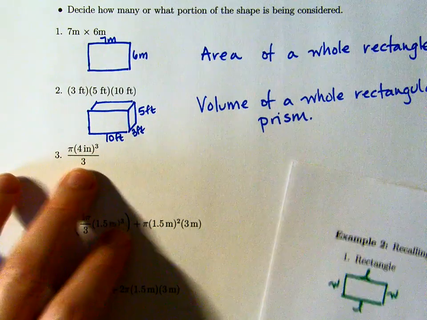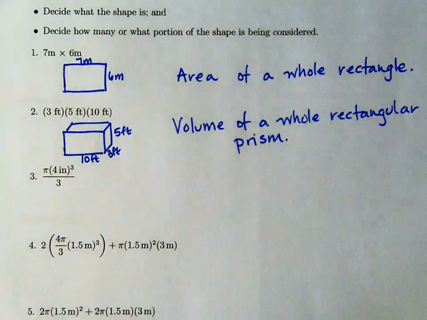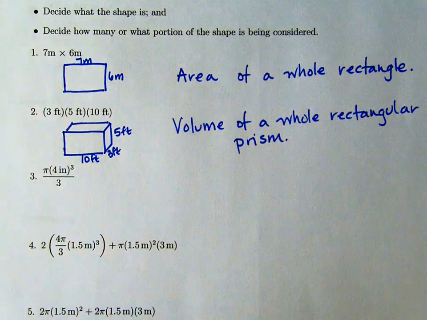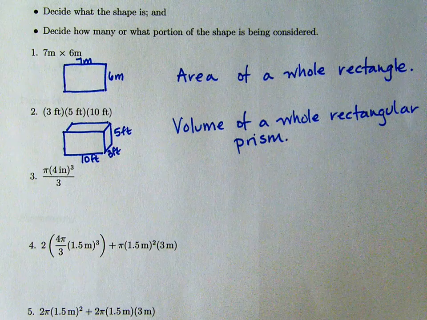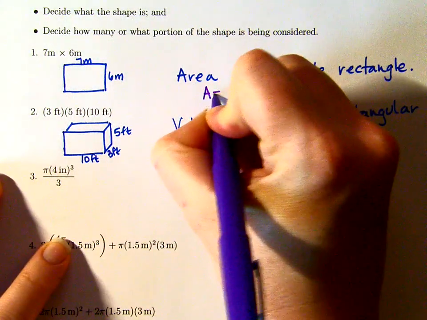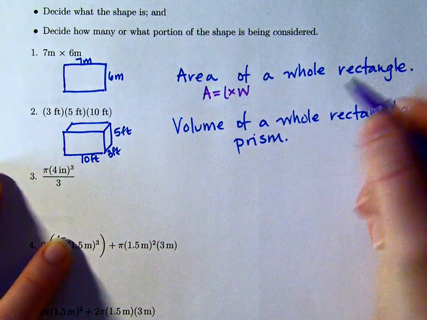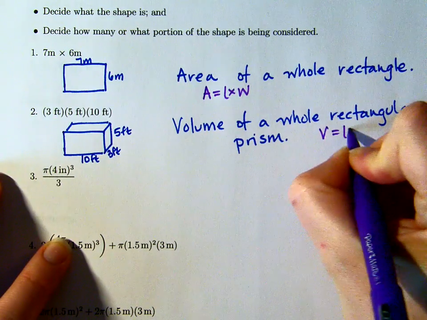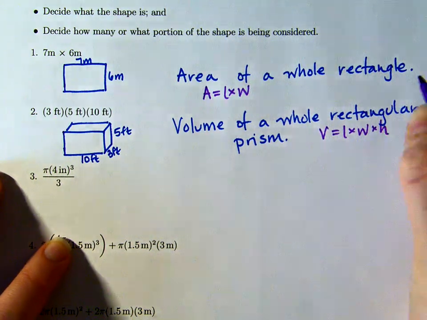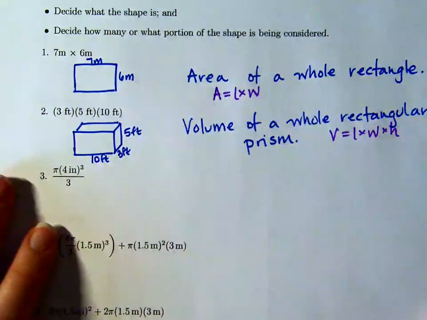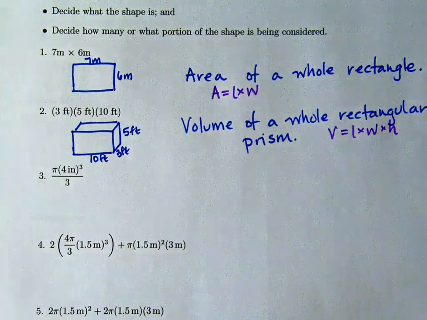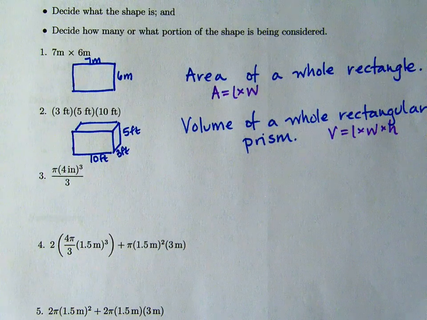So I'm thinking, okay, up here I did A equals L by W. Here I did V equals L by W by H. And here I'm thinking that there's a cube and there's a third in it.